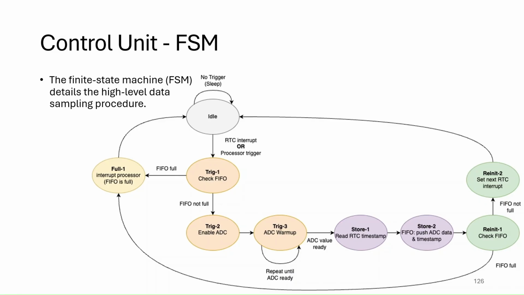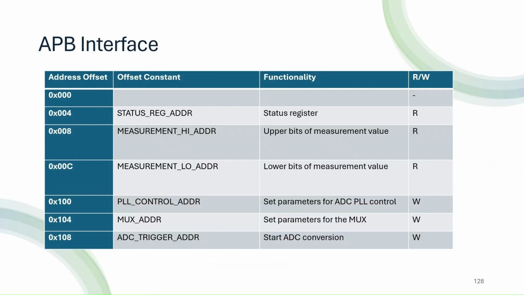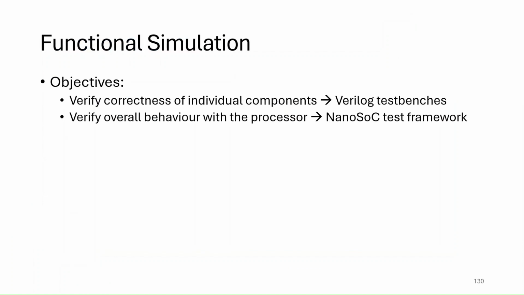It's kind of simple, but there is the idea. And this is the addresses or APB interface. We're planning to implement more for debugging and scaling up in the future, but these ones are already delivered, tested, and functional simulation. Basically, we created a Verilog test bench and NanoSoC test frameworks.